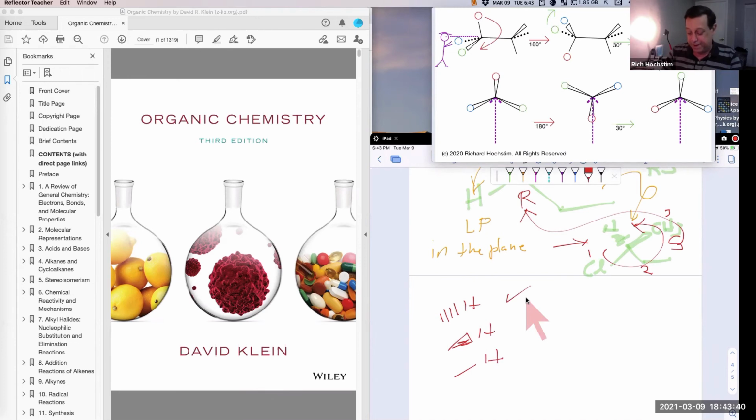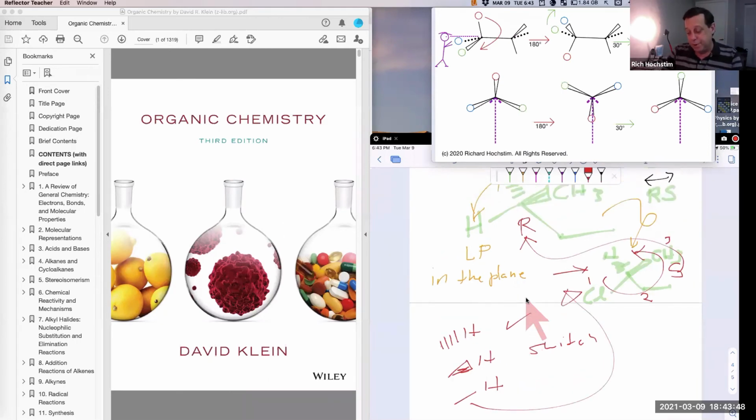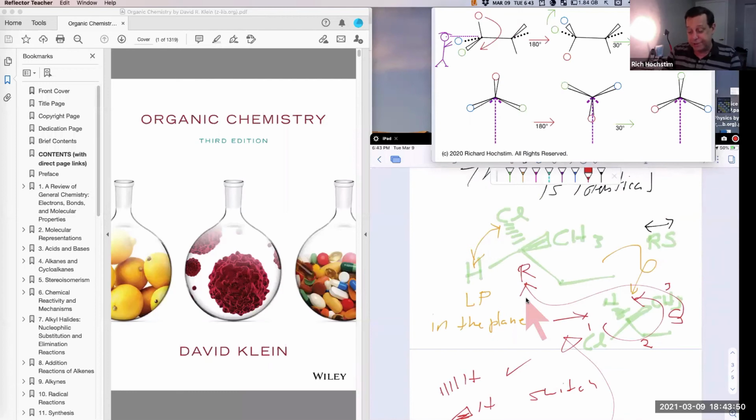This one, you just do it. Here, you're going to switch. And for this one, you do what we did up over here. You switch the hydrogen with the group going in so that you get something easy to work with, with the low priority group going into the paper.